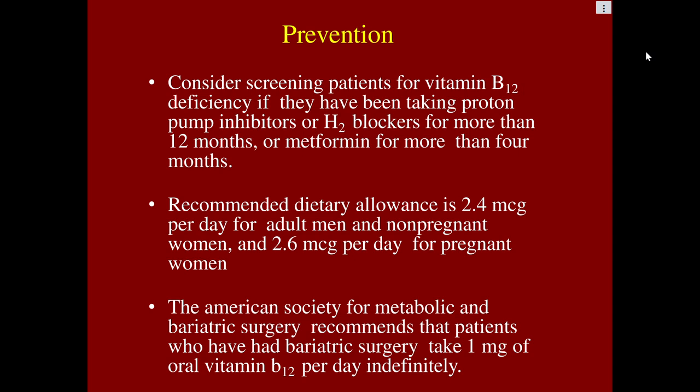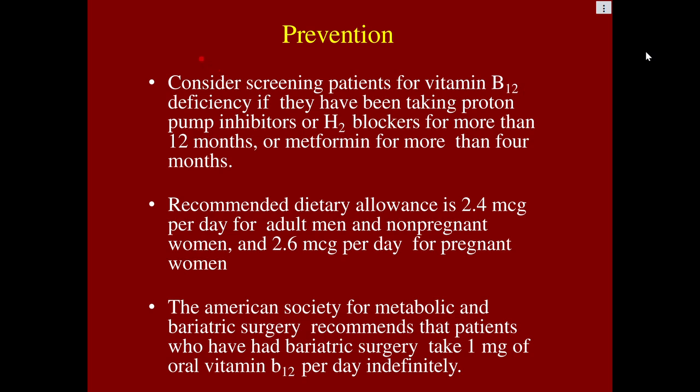Prevention of megaloblastic anemia: you need to screen patients for vitamin B12. History is also very important. Patients who are taking proton pump inhibitors or H2 receptor antagonists, which I didn't put in my notes. PPIs reduce the acid, and hydrochloric acid is very important, especially in breaking down the protein that carries the vitamin B12.